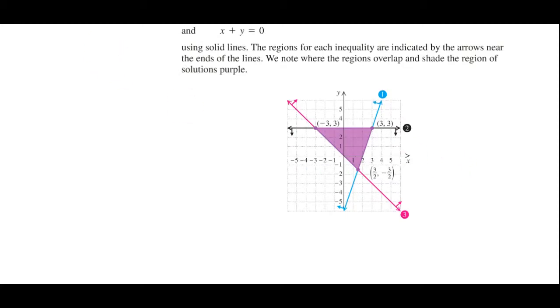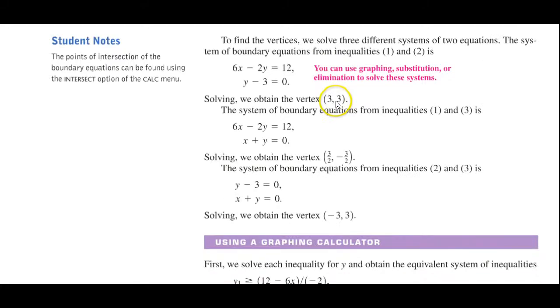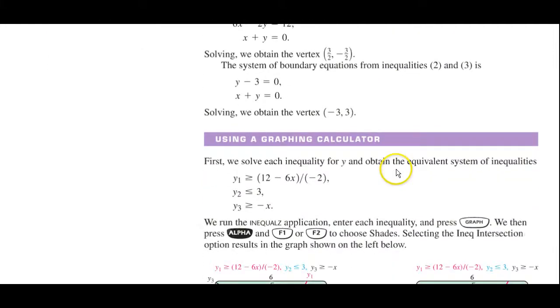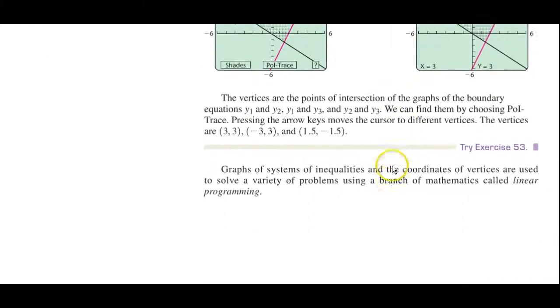Okay, let's see where we are. We're up to 28 minutes already. All right, it showed you how to get the vertices. And using a graphing calculator would be nice too, but we're not featuring that.